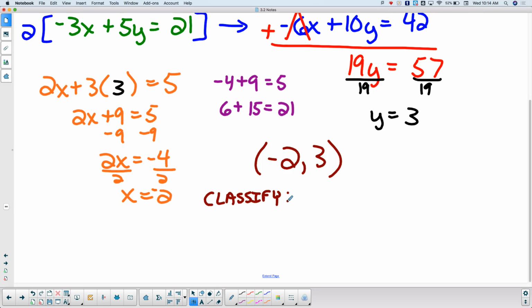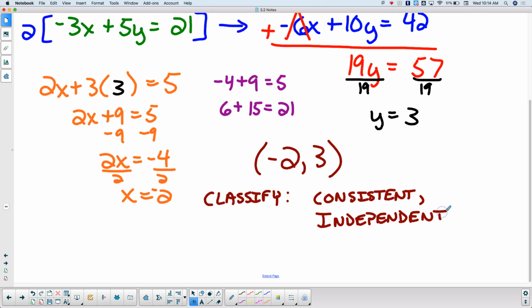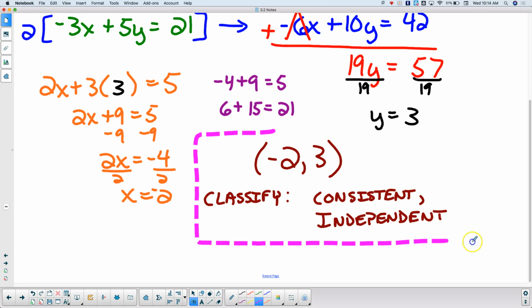The classification of this one is consistent and independent. Consistent and independent. Okay. Questions on that one?